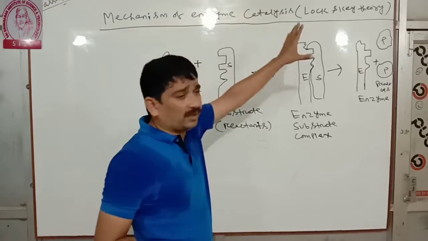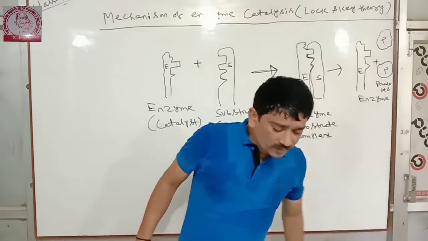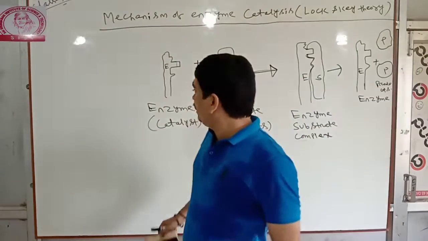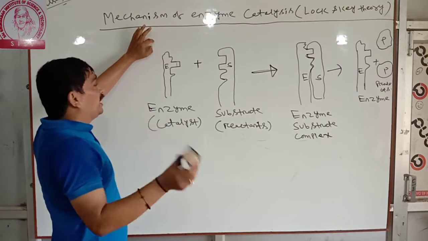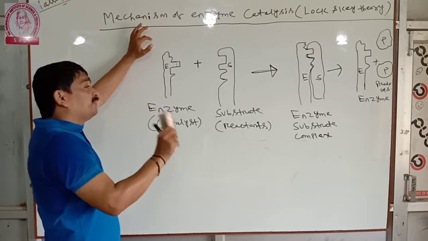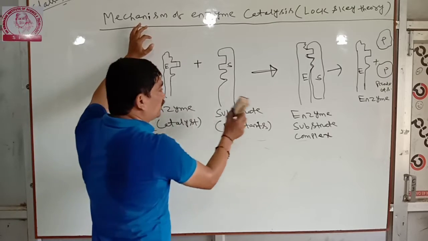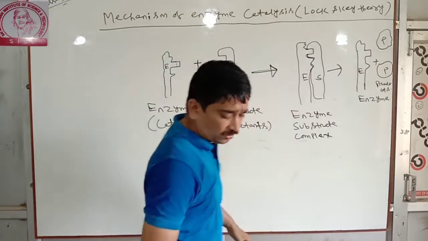Mechanism of enzyme catalysis. So this is the theoretical part. Two steps: first, enzyme plus substrate gives enzyme substrate complex. Second, the enzyme substrate complex decomposes to give enzyme plus product. Clear?